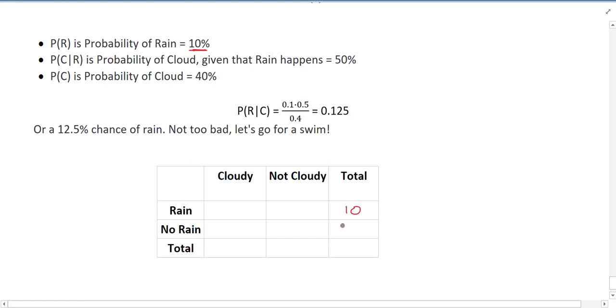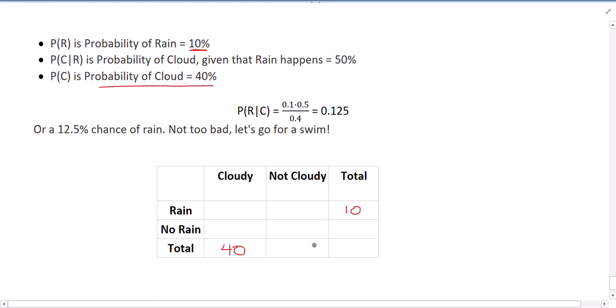Let's go to the entire probability of being cloudy. The probability of being cloudy is 40%, and cloudy is over here. So this is going to be 40%. Those are my probabilities.